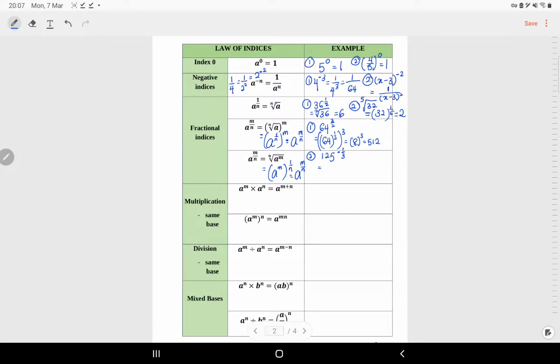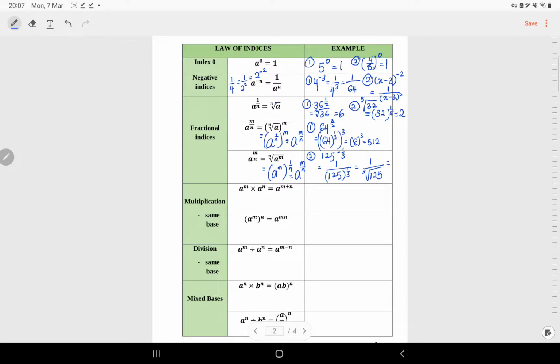So when you have a negative power, you automatically do 1 over something. So 1 over 125 to the power 1 over 3, and this basically means 1 over the cube root of 125.